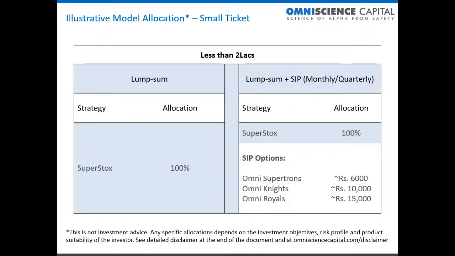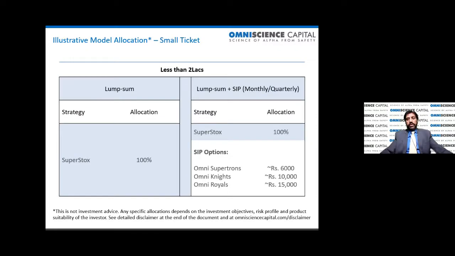So an illustrative model allocation for a small portfolio of about 2 lakhs is they can do a lump sum in super stocks. So all of that money goes into super stocks, and then they can start a SIP with either Supertrons, which is a minimum ticket size of 6,000, or Knights, which is 10,000 to 15,000, and Royals, which is also around 15,000.